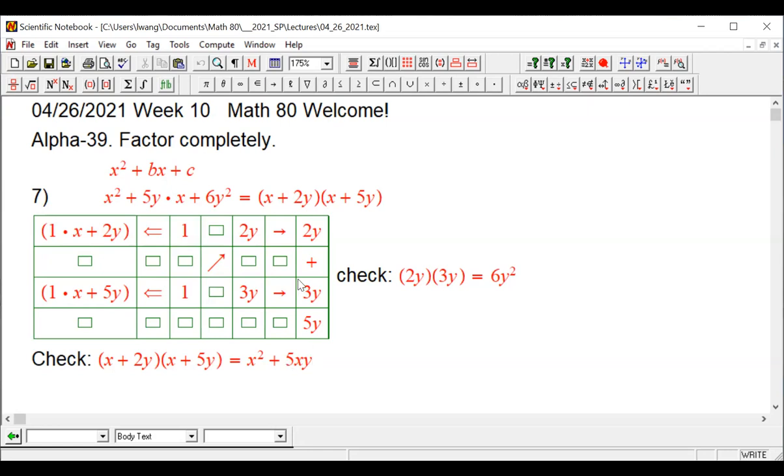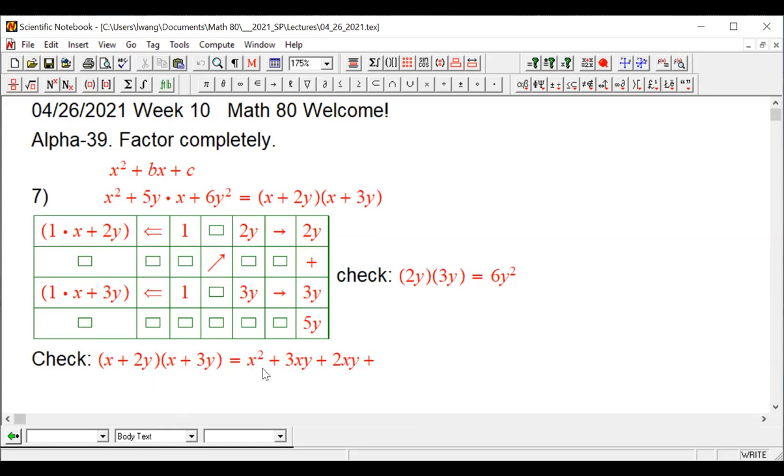Wait, sorry. This is 3. Did I make a mistake? This is 3, sorry about that. That's a 3y. No wonder. So this is 3 times xy. And then 2y times x, that's 2 times xy.